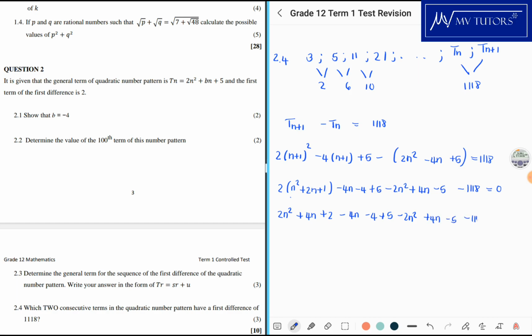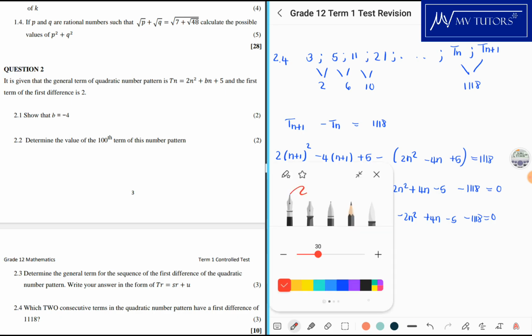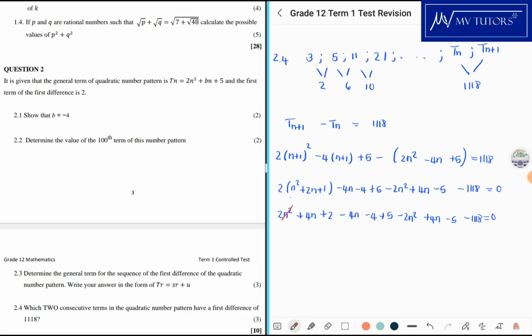Okay. So what do I have here? So I have 2n squared, and I can subtract the 2n squared. There's 4n. I can subtract the 4n. There is 2. Okay, let's leave that for now. I have 5 and a minus 5.